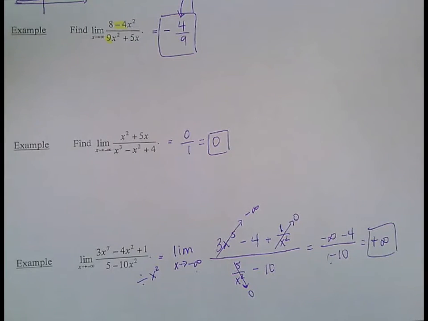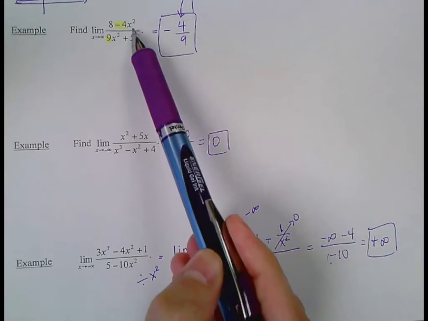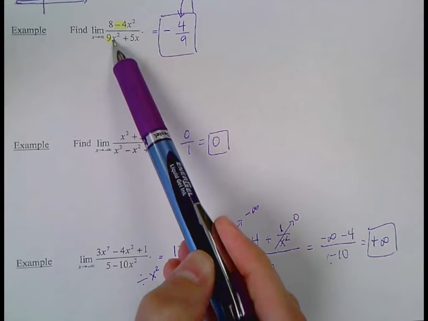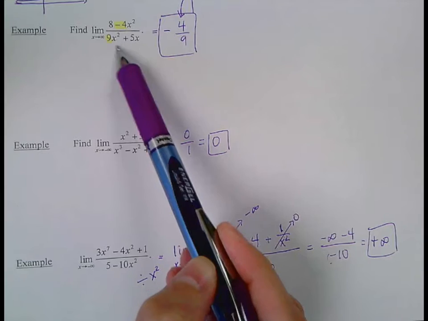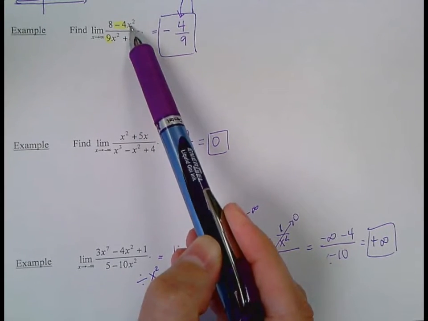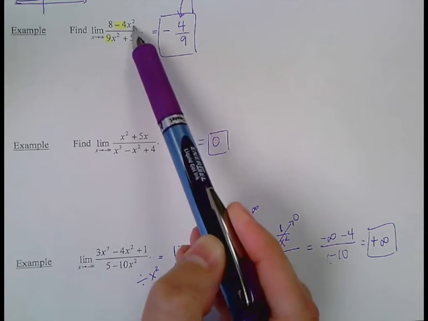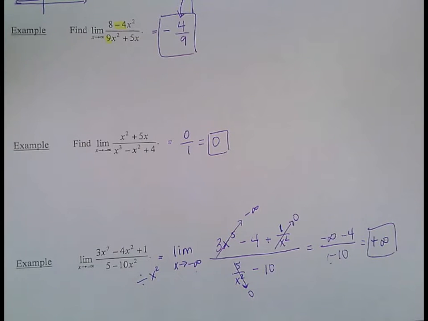There's your negative 4/9. So I could look at that problem and without doing any work tell you it's going to be negative 4/9. Notice though, the highest power in the denominator is the same as the highest power in the numerator.